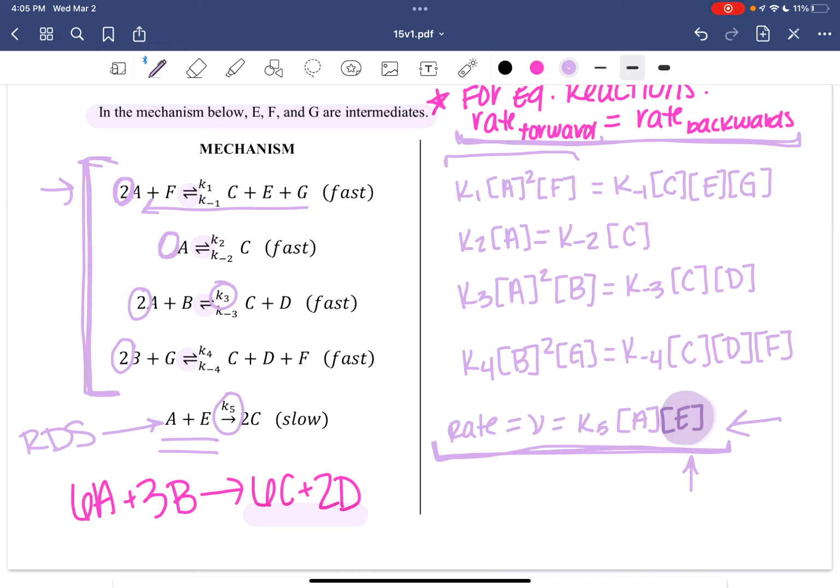However, they have no place in our overall rate law expression, and so that's why we need to go back, write the rate laws for the individual steps, where they are going to include some of the intermediates here, like E and G, some of the products here, like C. We're going to use those and manipulate those a little bit to get rid of E and the other intermediates and products that will eventually be in that reaction because of some of our substitution steps. So that is how to write the rate laws for these.